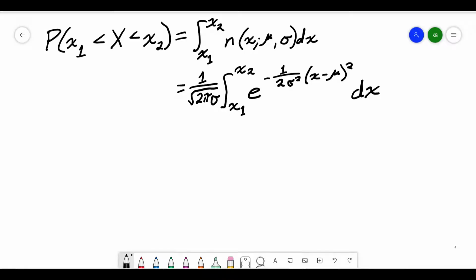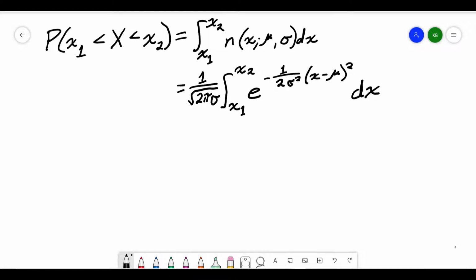So here's the integral that we would need to take to find the probability that our normal random variable x was between the values x1 and x2. We would have a constant out front of 1 over the square root of 2 times pi times sigma, our standard deviation, times the integral from x1 to x2 of e to the negative 1 divided by 2 times the variance, times the quantity x minus our mean squared, dx.